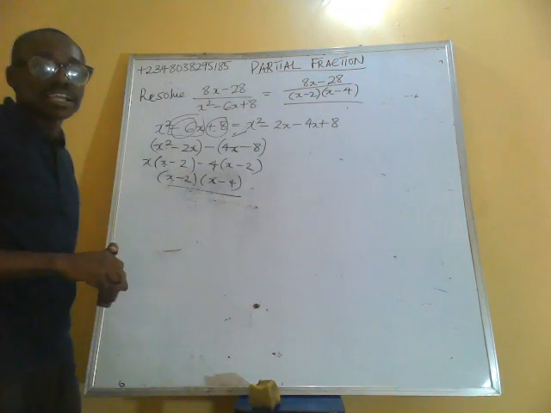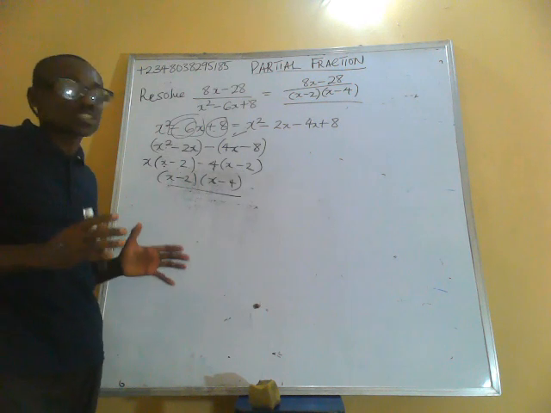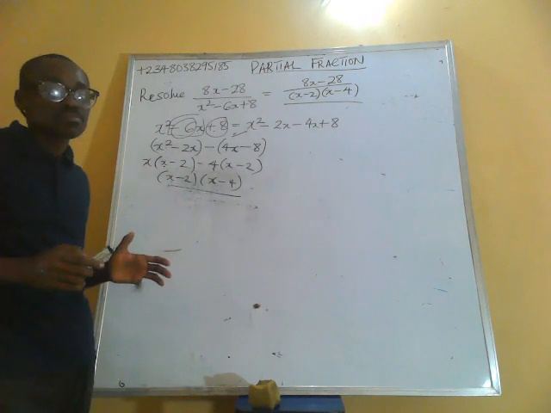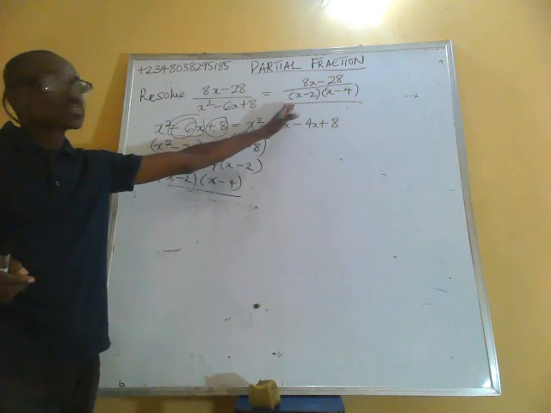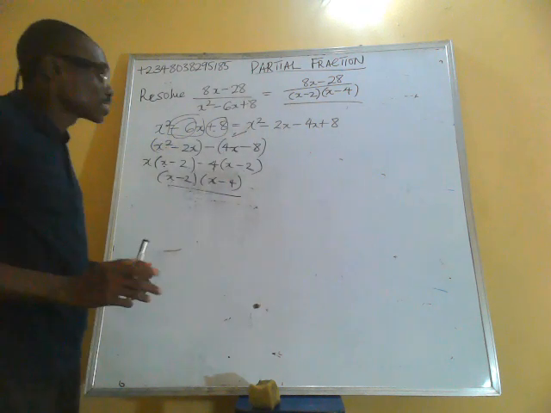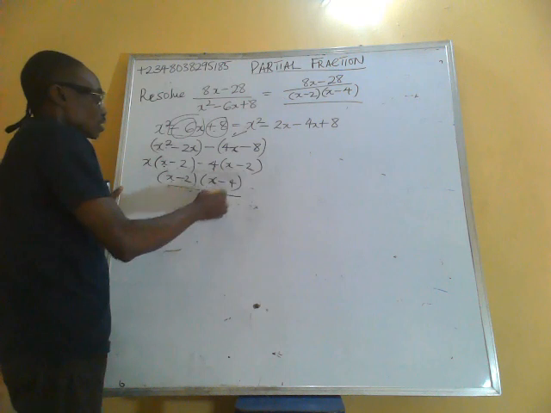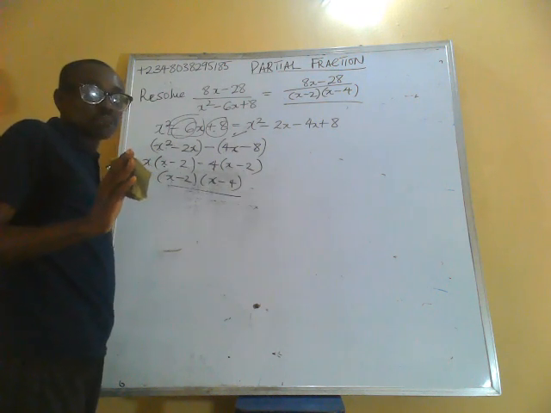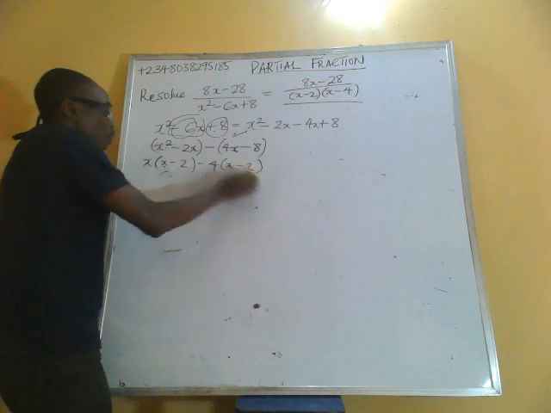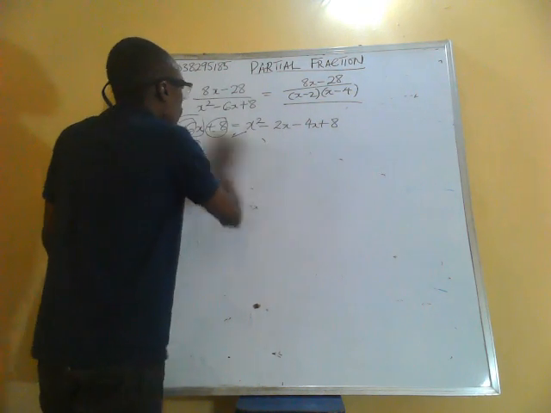So now we can easily resolve into partial fraction since we factorized the denominator. Okay, so let's now resolve into partial fraction. I advise you to get your pen and paper, because I'll be rubbing off some things from time to time.